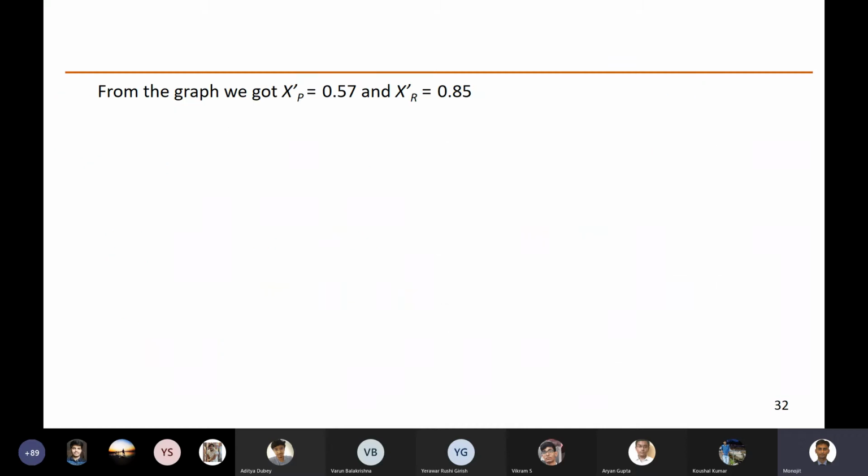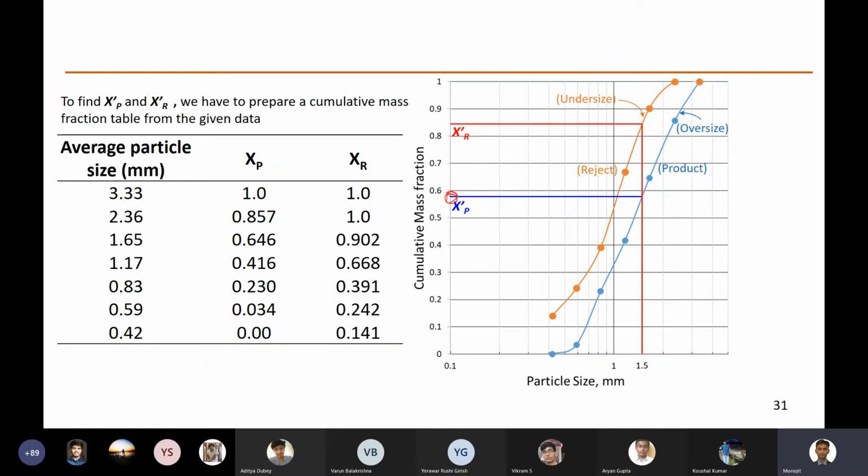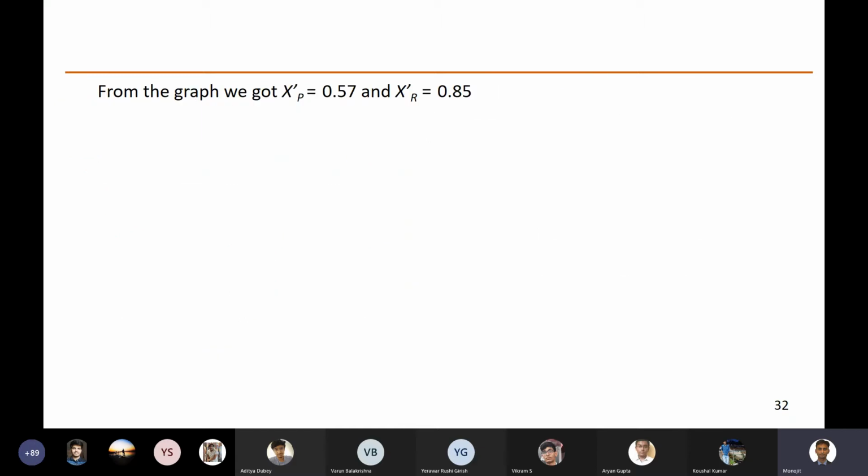That is basically 1 minus that value. So from the graph, XP dash corresponds to 0.57 and XR dash is equal to 0.85. So what would be YP here? 0.43. And YR would be equal to 0.15, right?